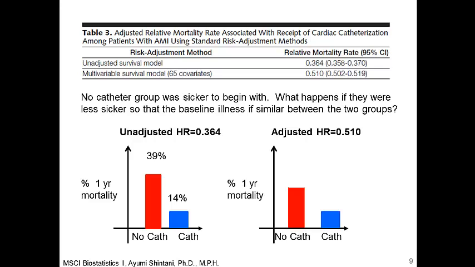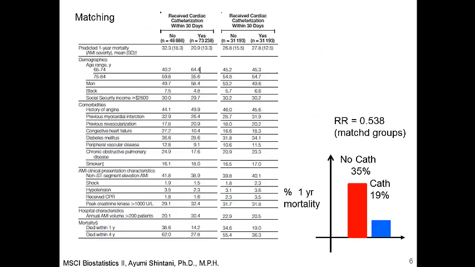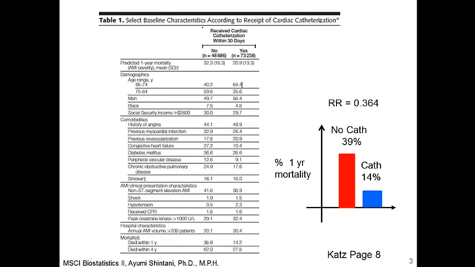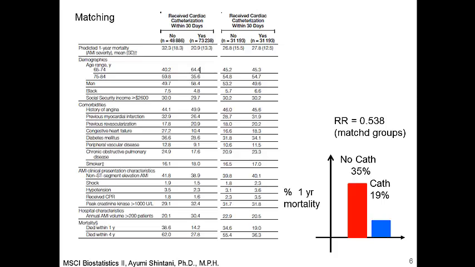This means the effect of catheter use is mixed with the fact that non-catheter groups are sicker, and that masks the true association. So if we ignore those differences, the result of the study can be highly distorted.